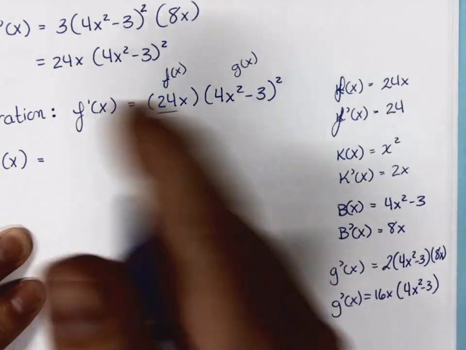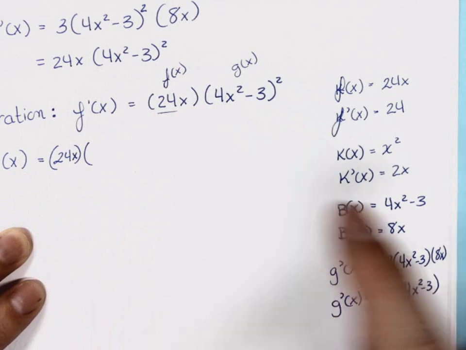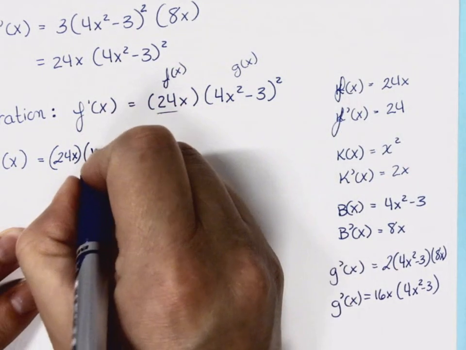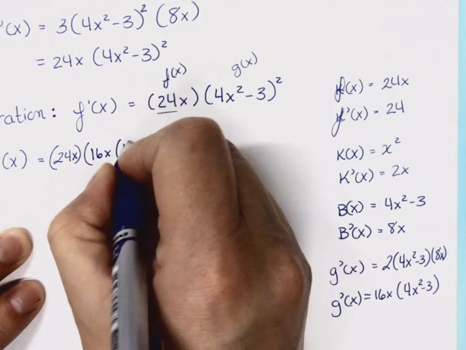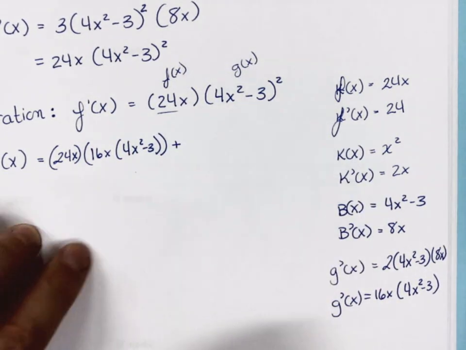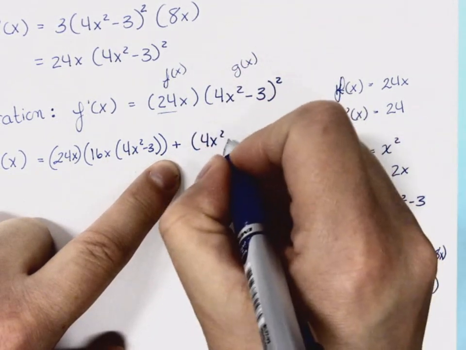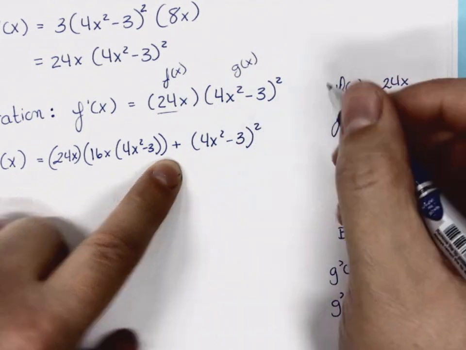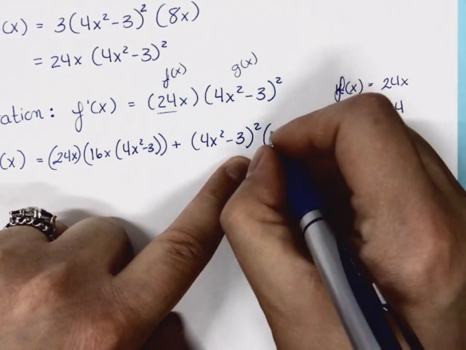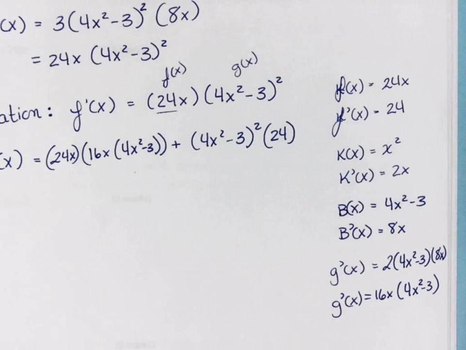So original f, 24x, times the derivative of g of x, so 16x times 4x squared minus 3, bracket, bracket, plus original g of x times the derivative of f of x. You okay?